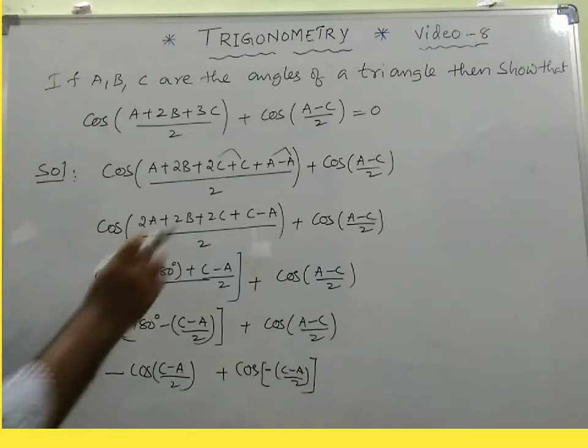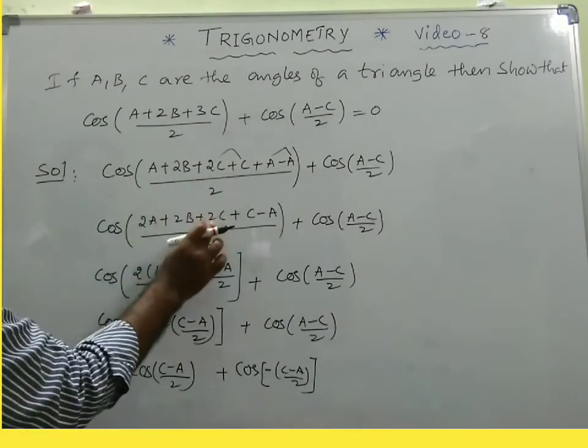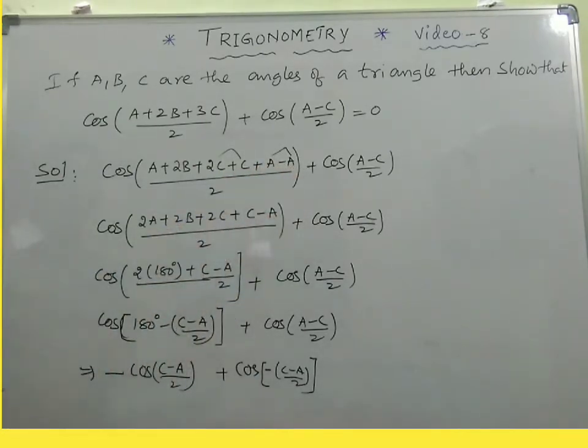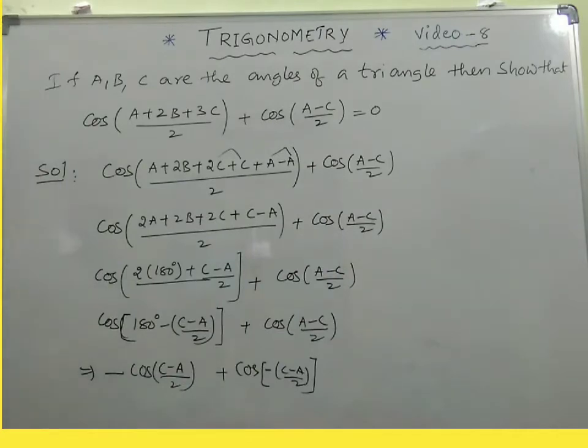Now A plus A, which is 2A plus 2B plus 2C, and the rest of it is C minus A, whole divided by 2. And this one I don't want to change as it is, plus cos of (A minus C) by 2.